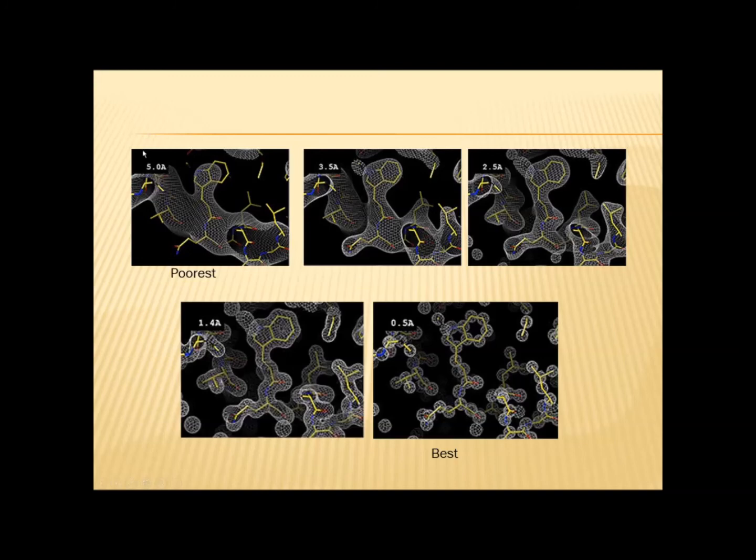Now, there is something called resolution. Okay, so resolution is, when it says the distance of 5 angstrom units, it means that this structure is resolved in such a way that anything below 5 angstrom units, you cannot say with any kind of certainty.